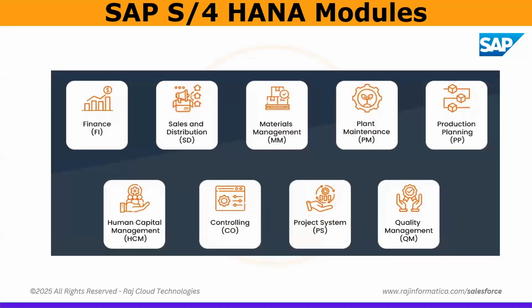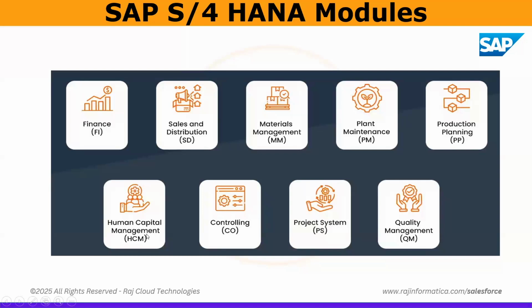These are the different modules which are there in SAP. Finance, FI, which deals with the accounts department. Sales and distribution deals with the sales department. Materials management, MM, that is your purchase or procurement department. Plant maintenance, PM module. Production planning, PP, that is the actual shop floor activity, where production is taking place.